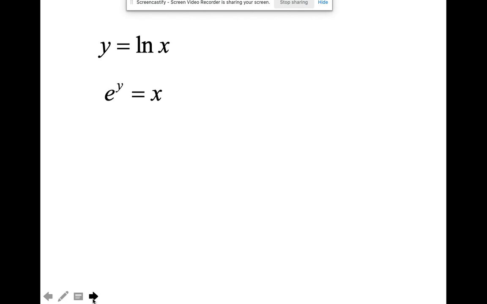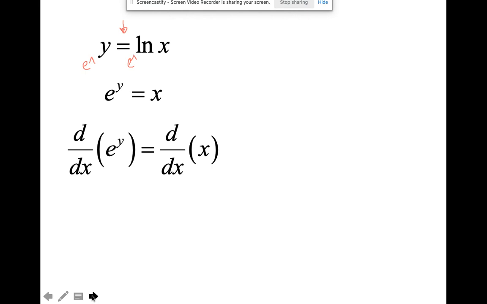So here we go. What happened there? I have an equation. So I did e to the y is equal to e to the ln x. That's how I got that. Now I'm going to take the derivative of both sides with respect to x.